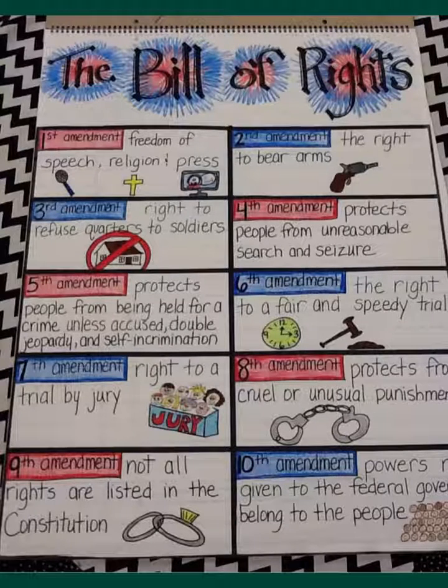Take a minute and look at them. After you look at them, please make sure that you write the first 10 are our Bill of Rights. And that concludes everything we needed to know about the Constitution on one sheet of paper. If you need to re-watch this video, please make sure you do so.